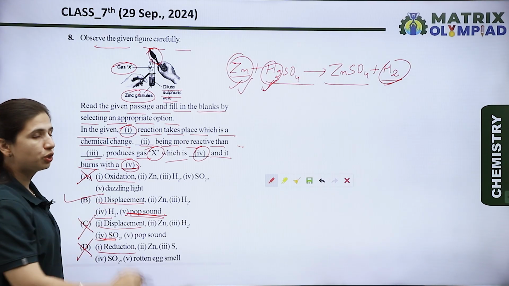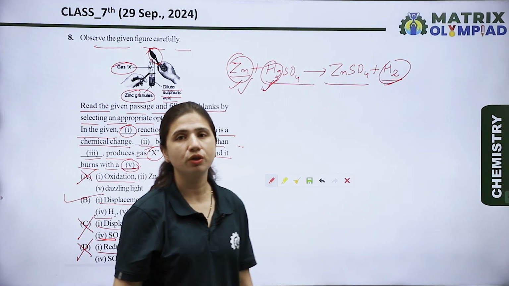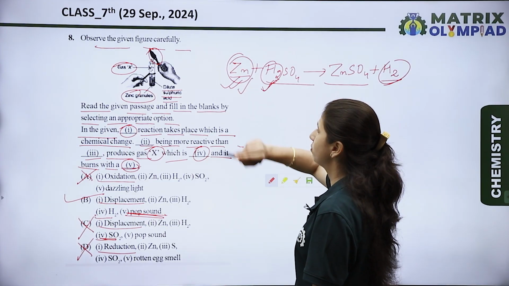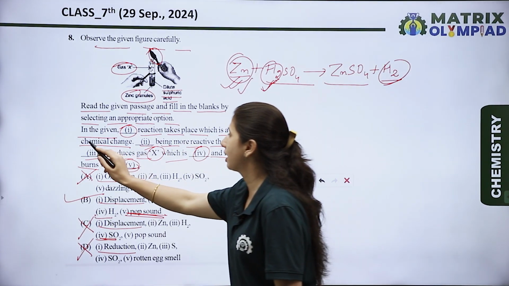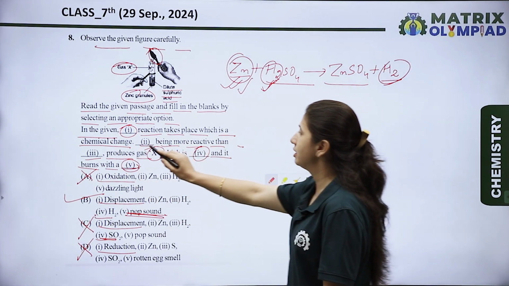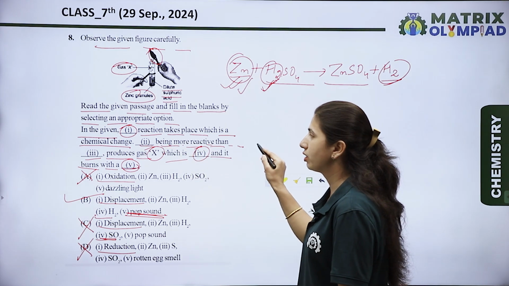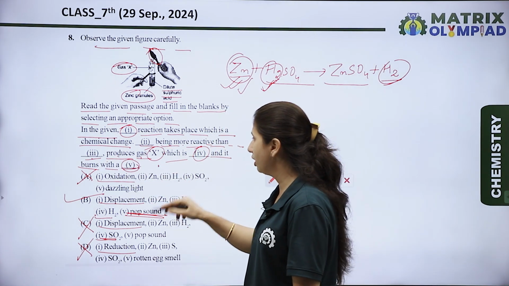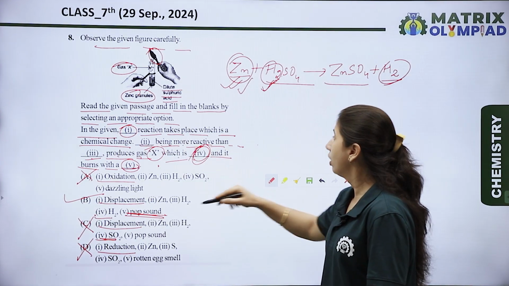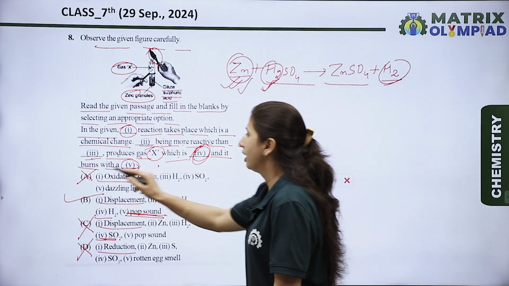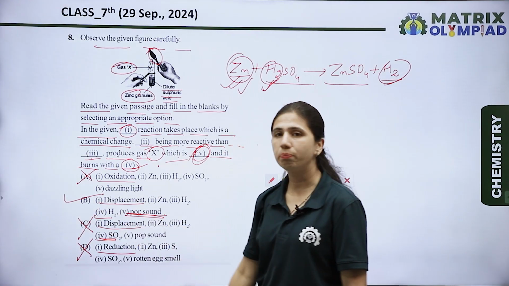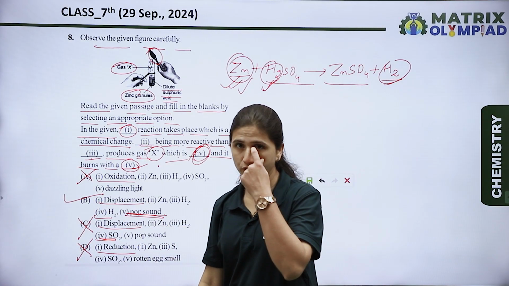So option B is the right option for this question. Zinc undergoes a displacement reaction, which is a chemical change. Zinc, being more reactive than hydrogen, produces hydrogen gas, which is H2, and it burns with a pop sound. So option B is the right option for this question.